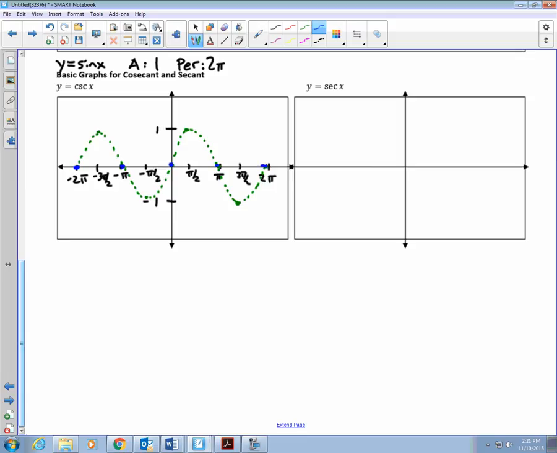So if that's where sine is equal to 0, then that is where cosecant is undefined. So what shape am I going to have there? Wherever it crosses over there, you draw a vertical asymptote through there.